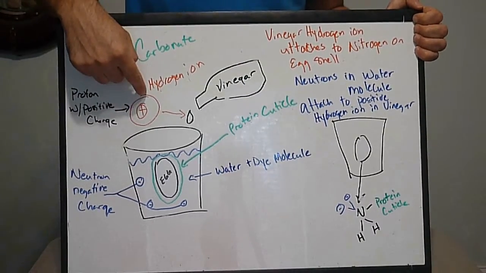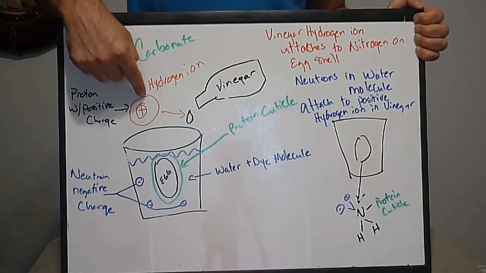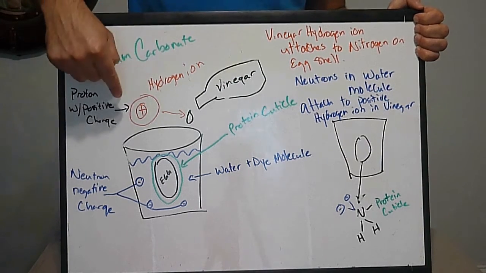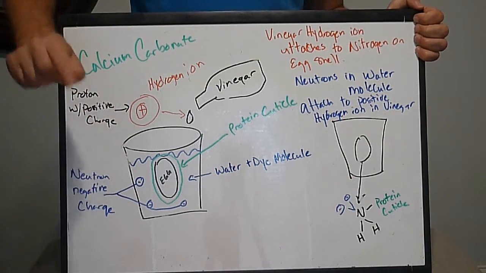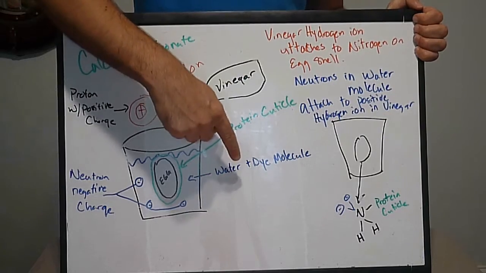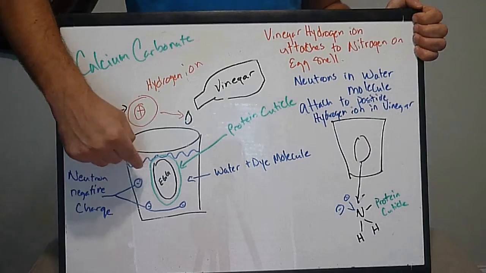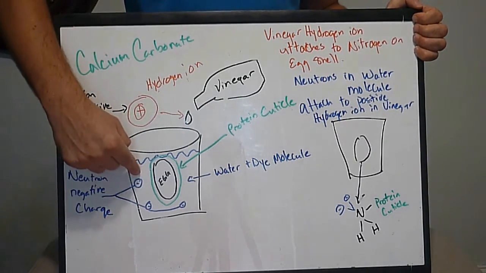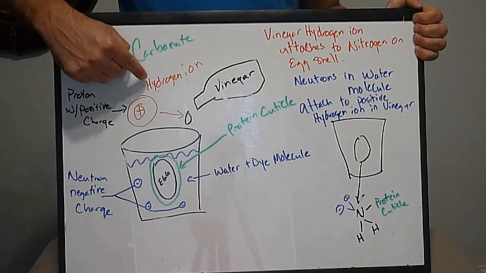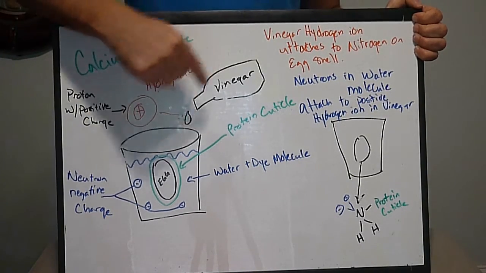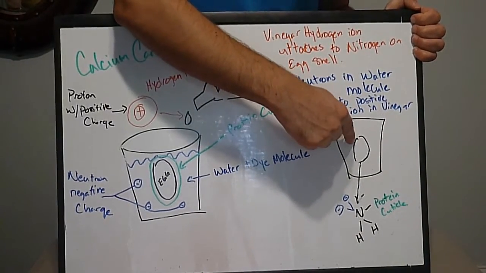Now, those positive hydrogen ions are looking to attach themselves to the more negative ions. So there are negative ions in the water and dye molecule, negative neutrons within that. Those neutrons are going to attach themselves to the positive charged hydrogen ion from the vinegar, which has already attached itself to the eggshell.